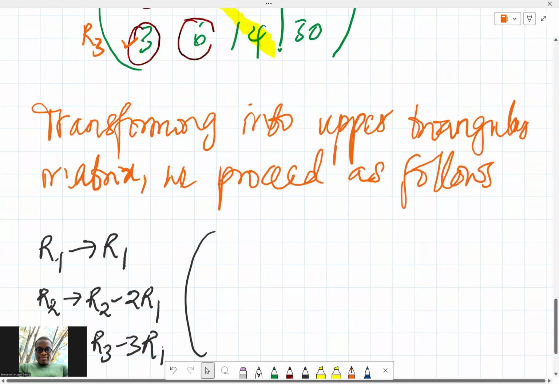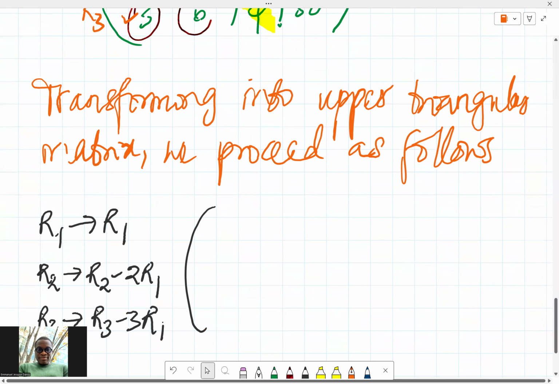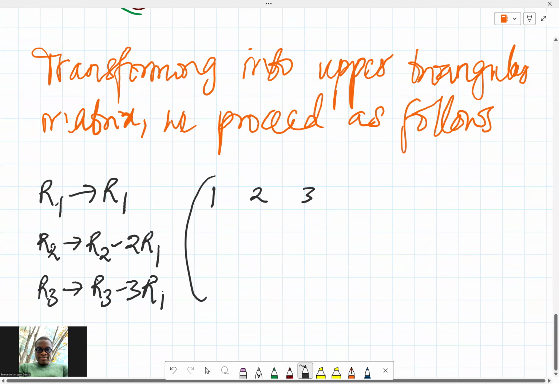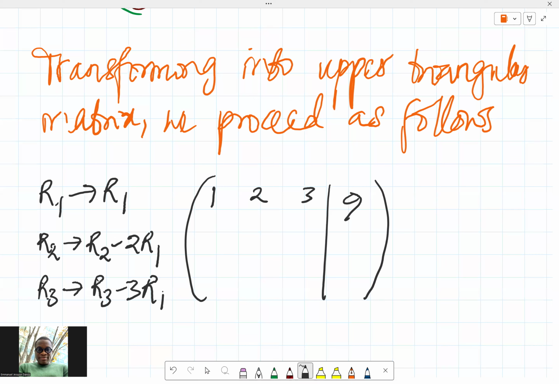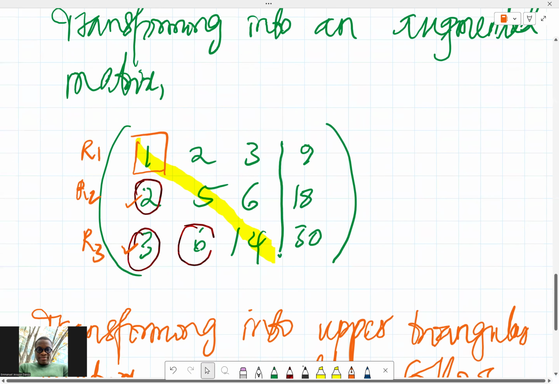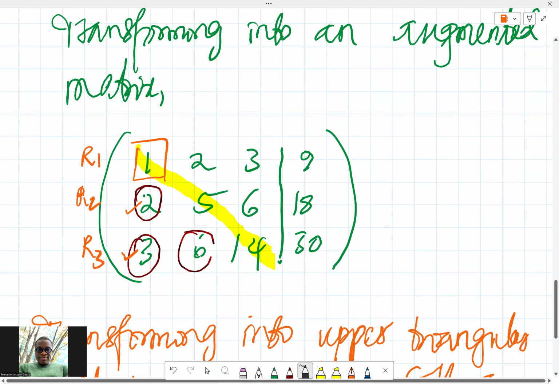Row one is 1, 2, 3, 9, like that. Then for row two, like we have said already, it's 2 minus 2 times each of these. 2 times 1 is 2, 2 times 2 is 4, 2 times 3 is 6, 2 times 9 is 18.